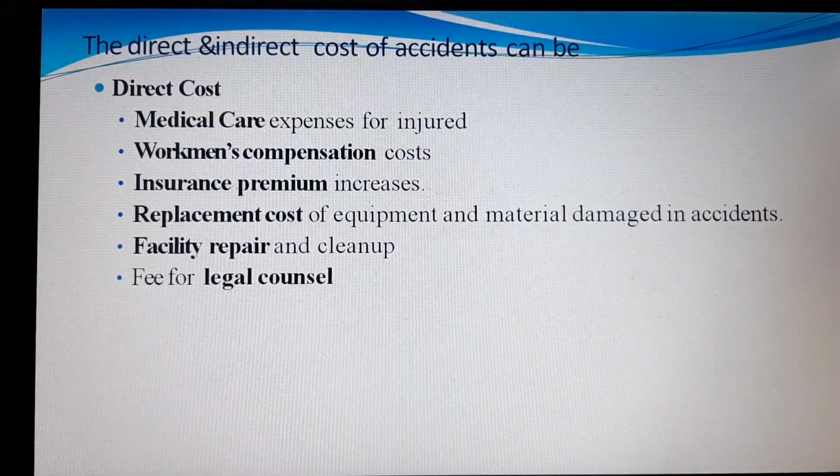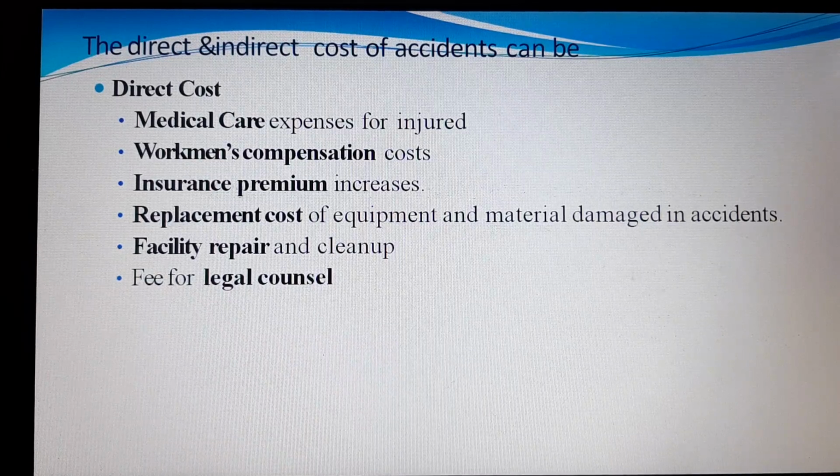As we have already discussed, we have direct as well as indirect costs that are incurred by the contractor or the firm if any accident occurs.